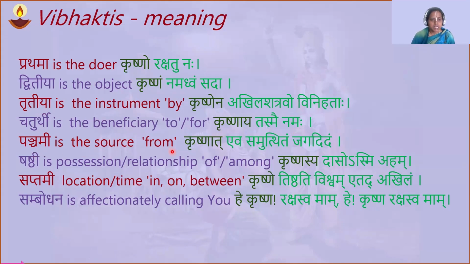Panchami is the source, from, Krishnad Deva Samutitham Jagadidam. Shashti is possession, relationship, of, among, Krishnasya Dasosmyaham. Saptami is location, time, in, on, between, Krishne Tishtati Vishwametadakhilam. Sambodhana is affectionately calling you, Hey Krishna Rakshasvamam.